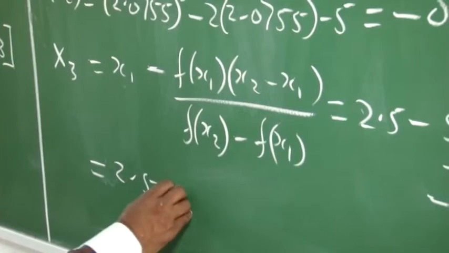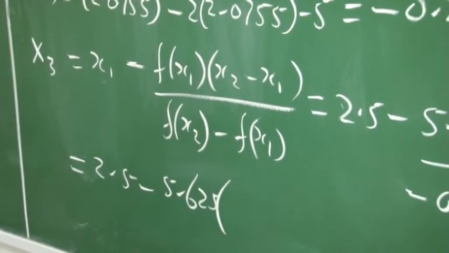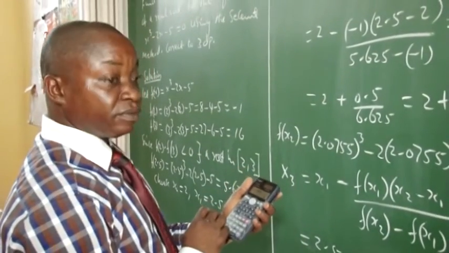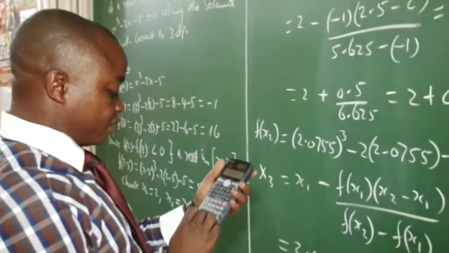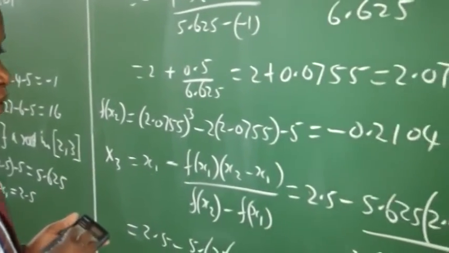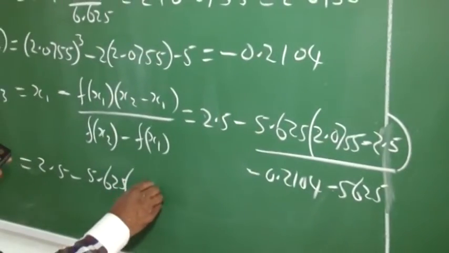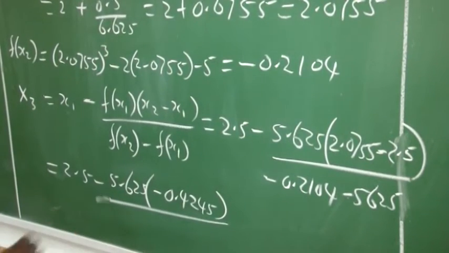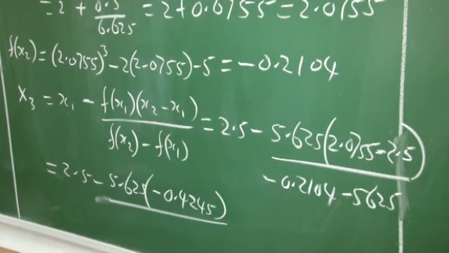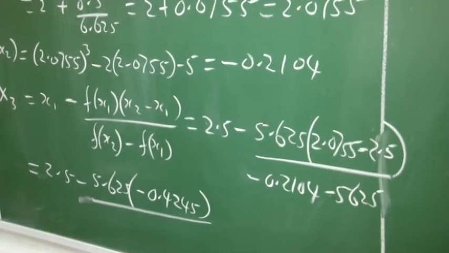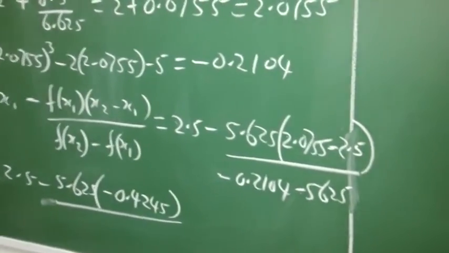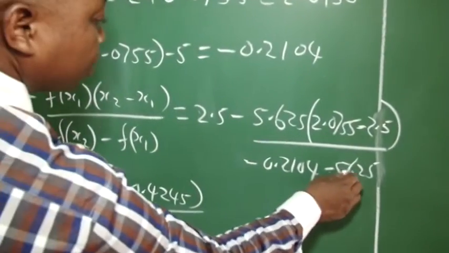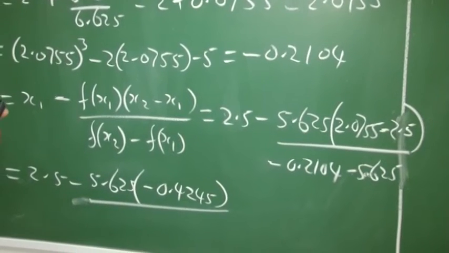So we have something like this: 2.25 minus 5.625, then 2.0755 minus 2.5 is giving us minus 0.4245 over, we have minus 0.2104 minus 5.625.